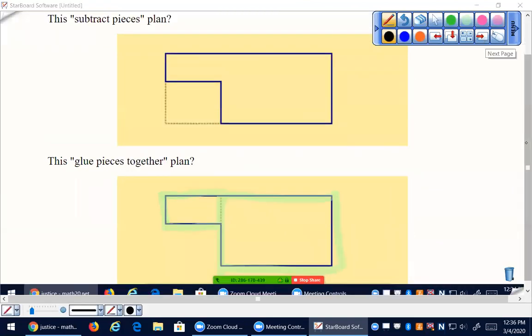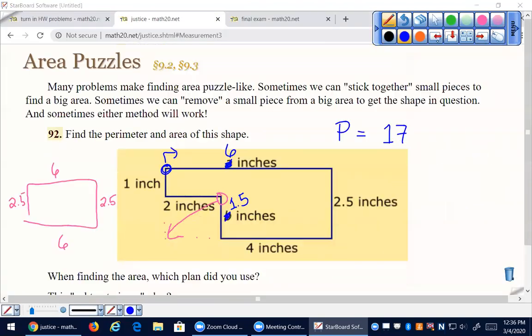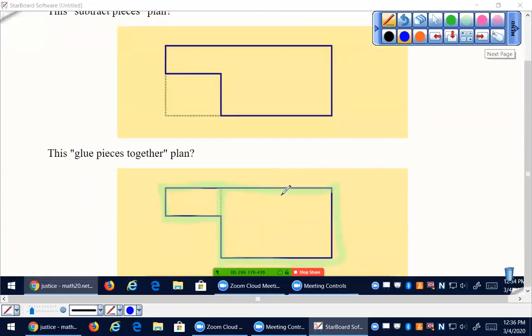If you were doing it this way, then going back, we have a 4 and a 2.5. And then on this side, we had a 1 and a 2.